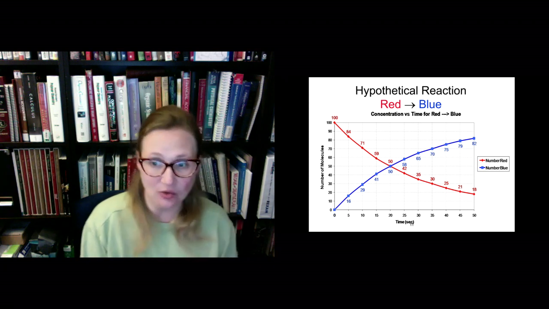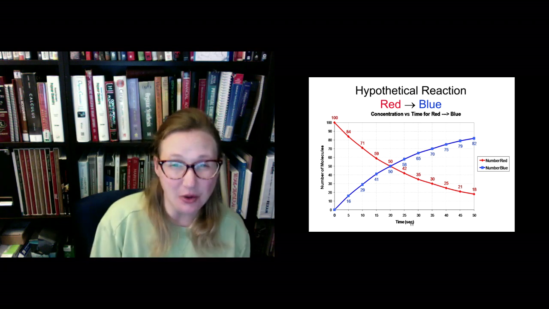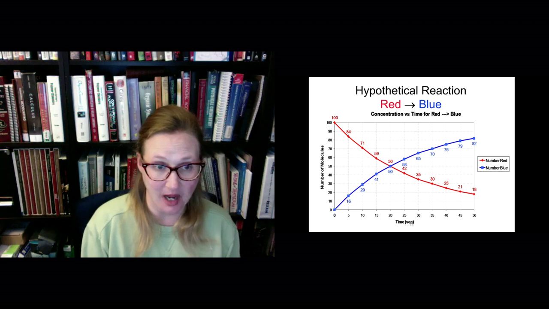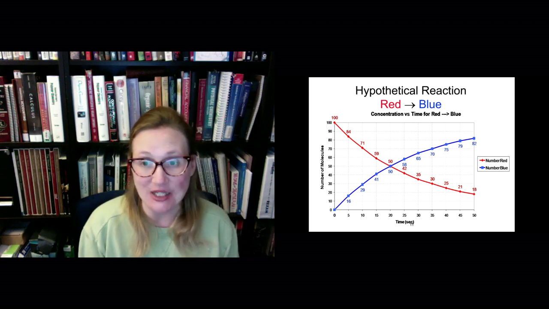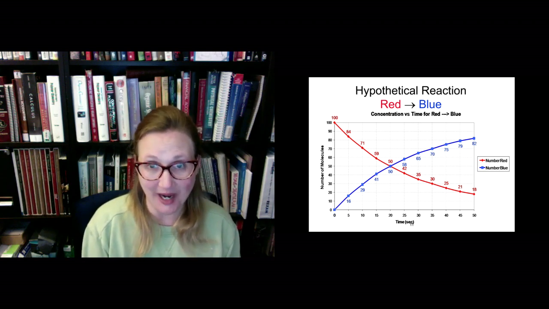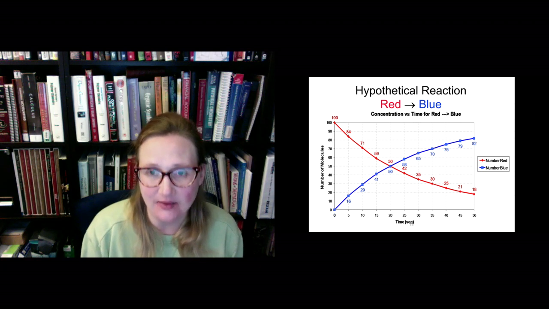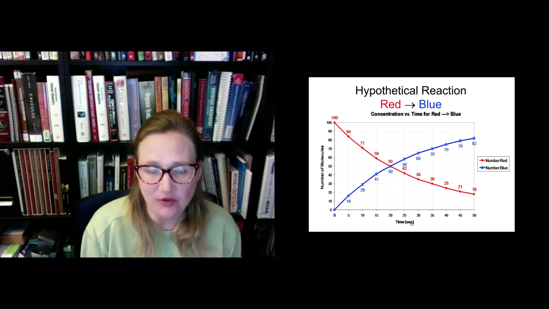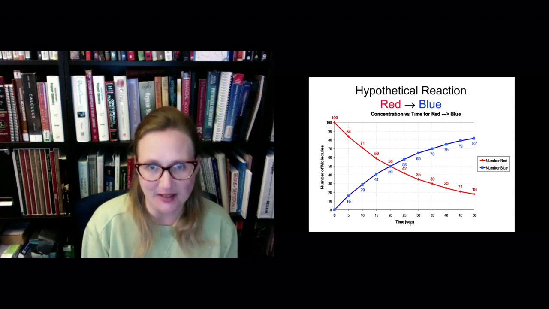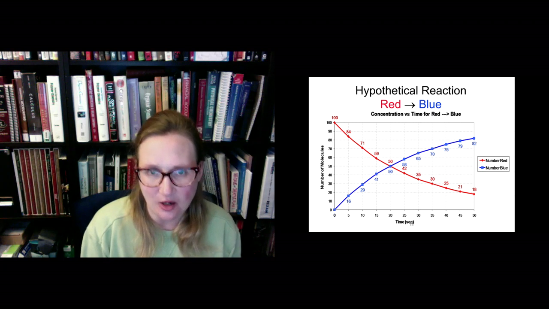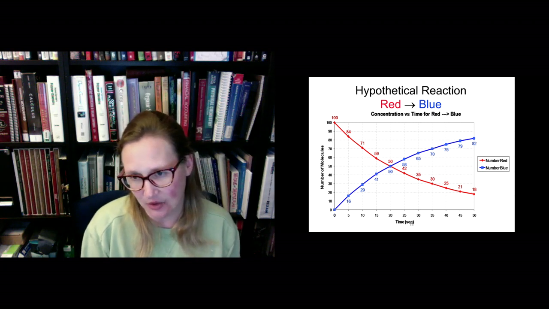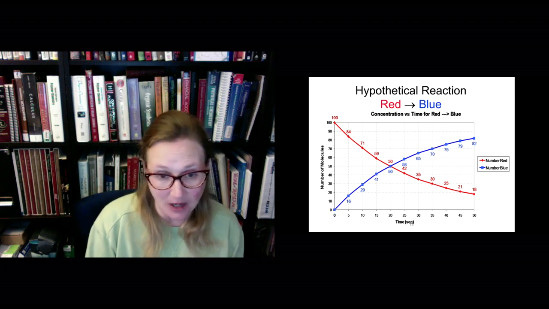The opposite is true of blue, where I start with 0 molecules of blue, and then over time I have 82 molecules of blue. And notice that at any given time, the sum of the two has to equal 100. That's because of the law of conservation of mass. We have to have what we start with. So at the end, at 50 seconds, we have 18 molecules of red and 82 molecules of blue. Well, that does add to 100.